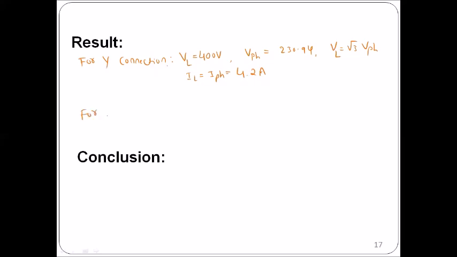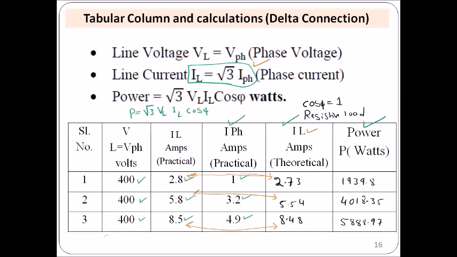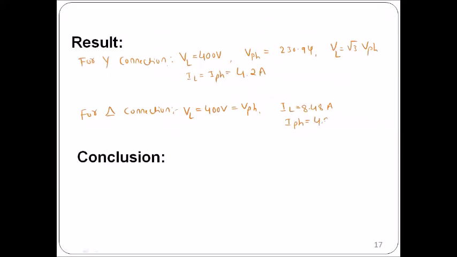And for delta connection, again VL is equal to 400 volts, which is equal to V phase, and IL, we have calculated here, is 8.48 amperes, and I phase is 4.9 amperes, and again this relationship holds good here, that is IL is equal to root 3 I phase.